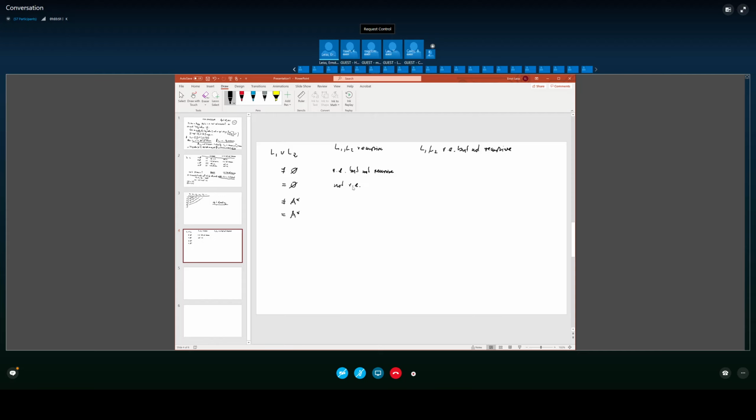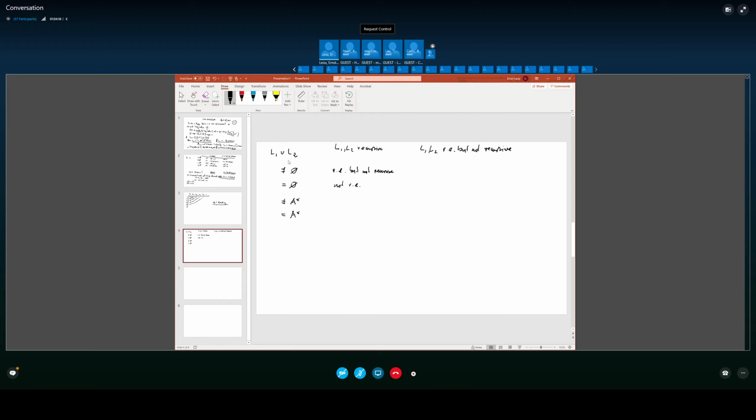The third question that I have here, again, we can now look at the complement, because both L1 and L2 are recursive. We can then test whether there is a word that is not in the union.